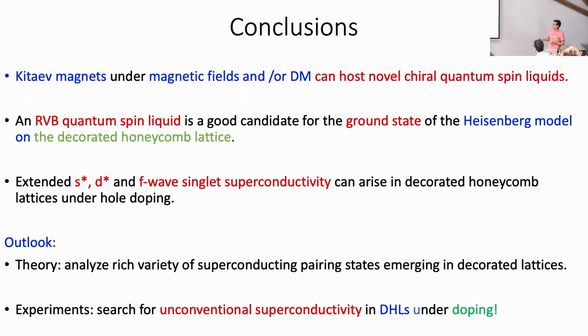The RVB quantum spin liquid seems to be a candidate for the ground state of the Heisenberg model on the decorated honeycomb lattice, and this would be relevant to these materials I was showing, the molybdenum and the rubidium molecular crystals. And then we found superconductivity within this theory under hole doping. Okay, so with this I'll finish. Thank you very much.